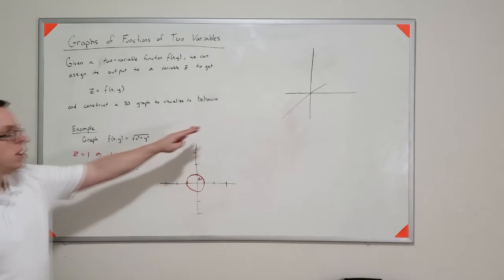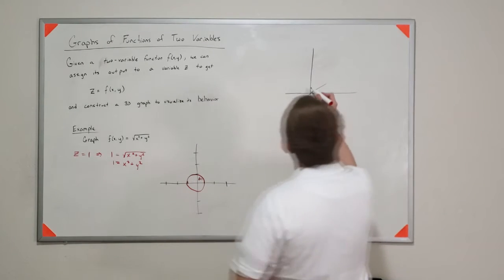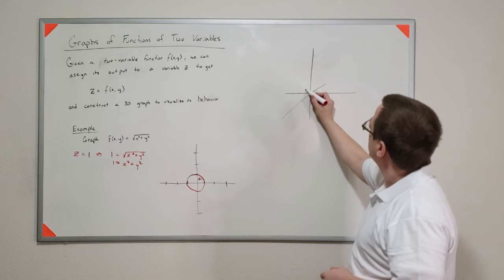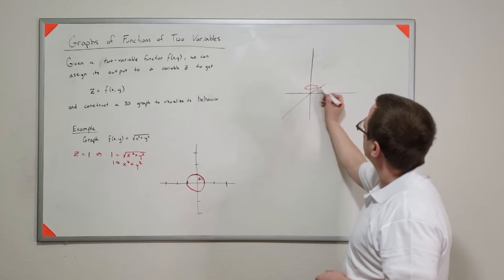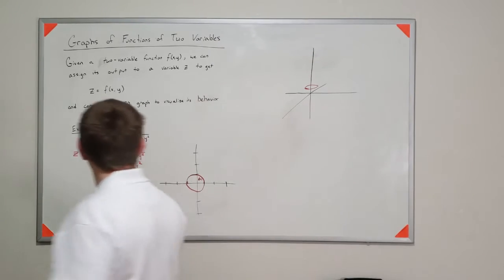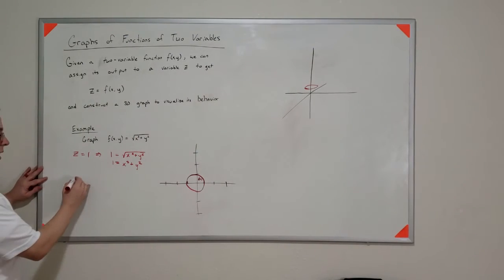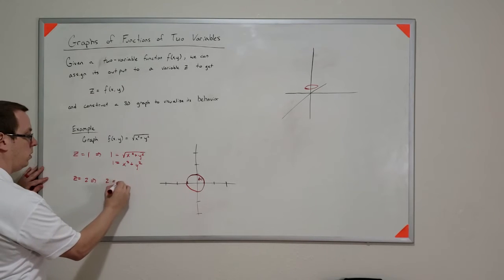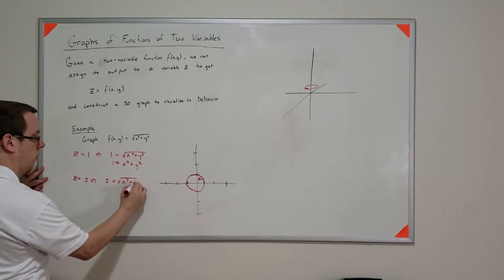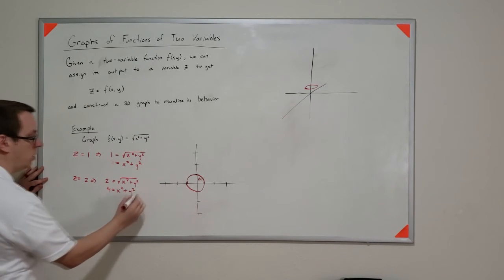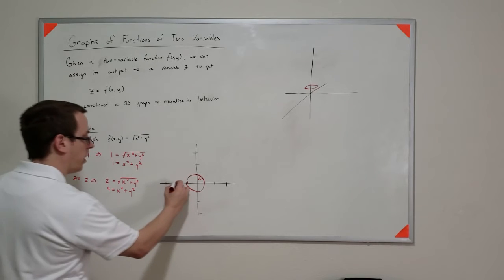So if I came over here and was trying to do the same thing, I could say when z is 1, I have a little ring here of radius 1. I could do the same thing with z equals 2. So that tells me that that's actually a circle of radius 2.